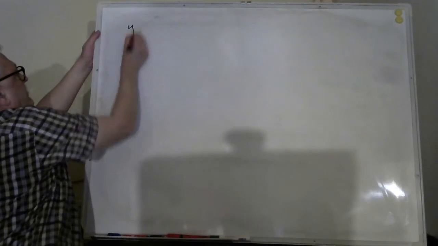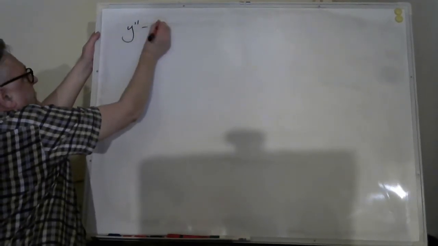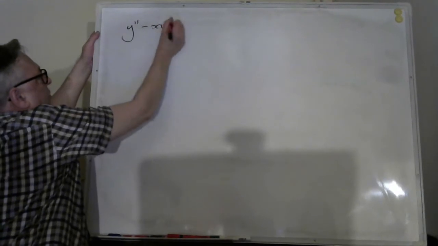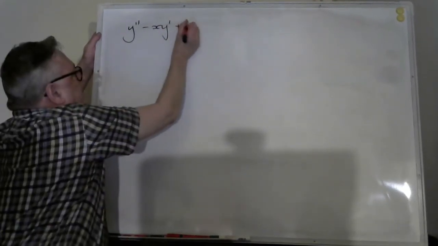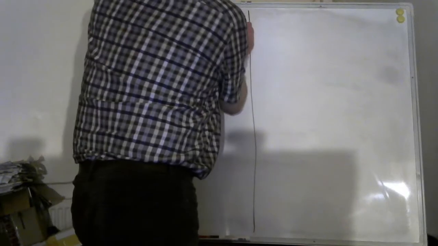In fact, I'm going to write it a little bit closer to the left hand side, and then I can conserve space. So once again, that's y double prime minus x y prime plus y equals 0. And let me divide the board in two. So that's our equation 1.